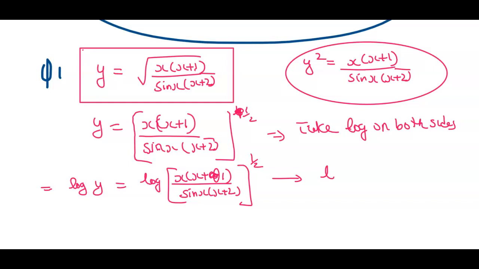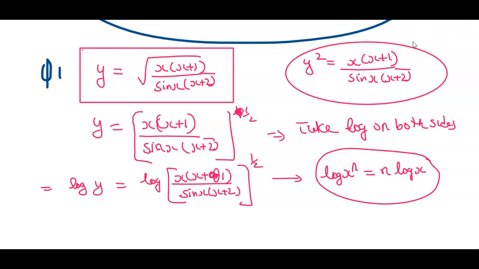Now this reminds me of the formula, log x to the power n has to be like n log x. Also we have to use log a by b in the next step, but initially it has to be like log x plus 1.